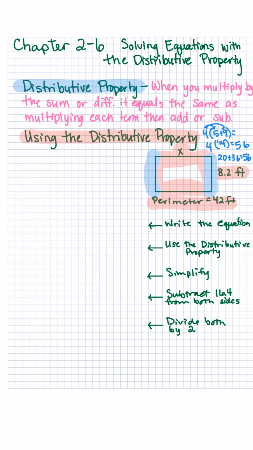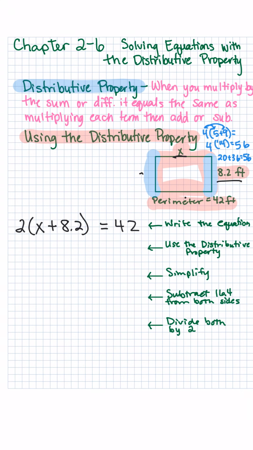So the equation that I have here is going to be 2 times x, because we don't know what that is, plus 8.2. So, 8.2 feet plus x, and then times 2, because there's that side plus these sides, is going to equal 42.